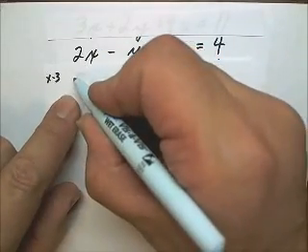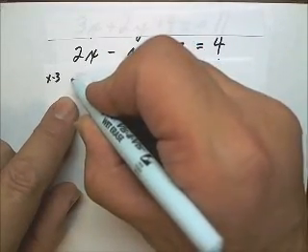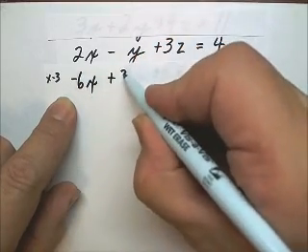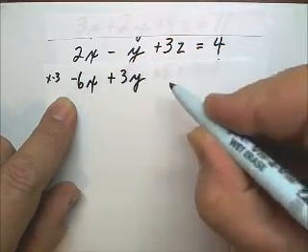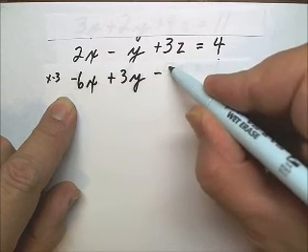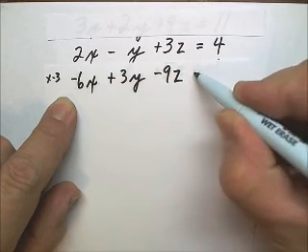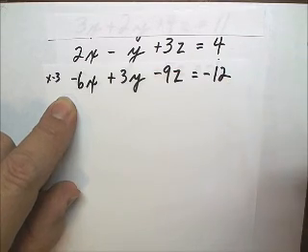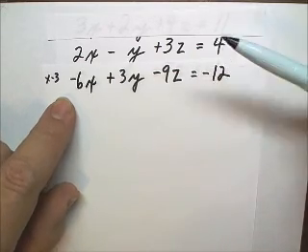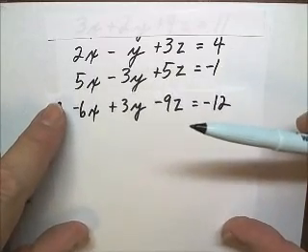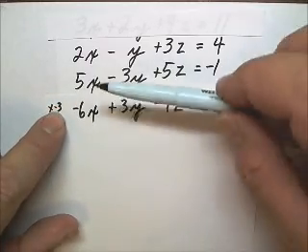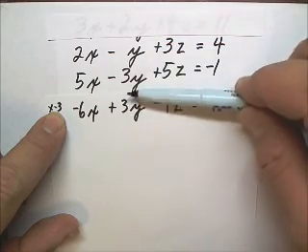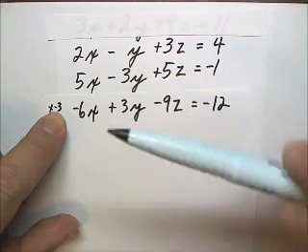So this is negative 6x plus 3y minus 9z equals negative 12. Okay, now I have this equation which is equivalent to this one, and I'm adding it to this one.